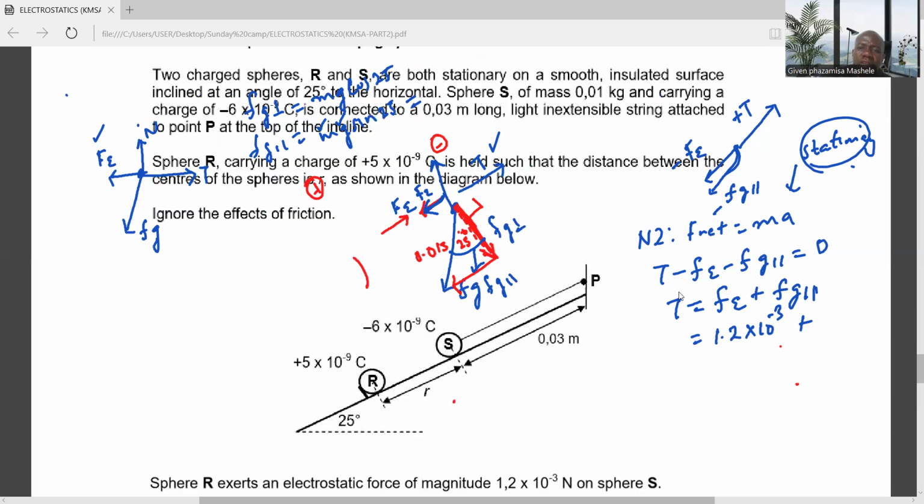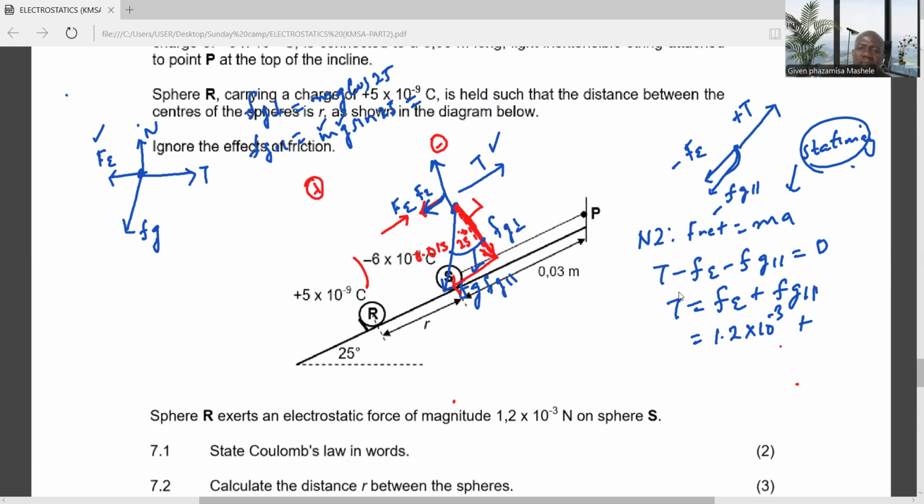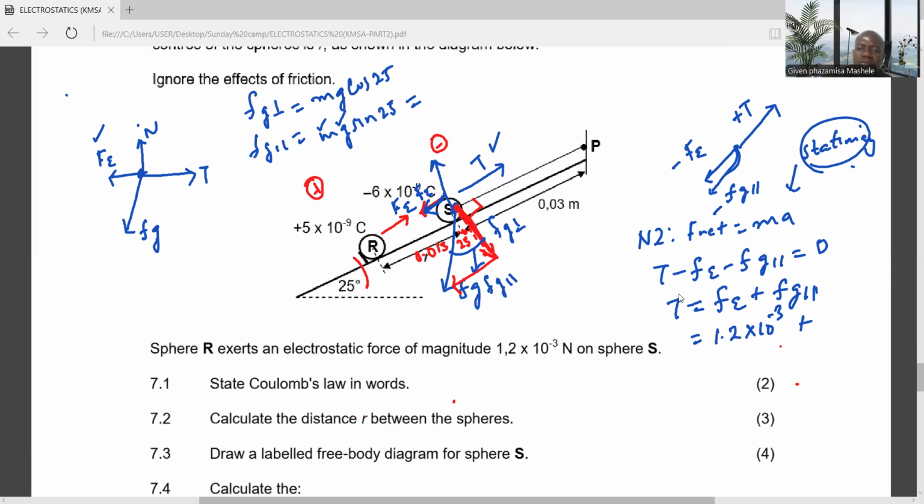Since we have all the information here, we got that the mass of sphere S is 0.01. So let us now calculate mg sin 25. The mass is 0.01, and g is 9.8, multiplied by sin 25.